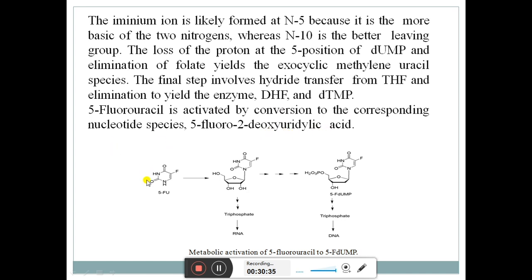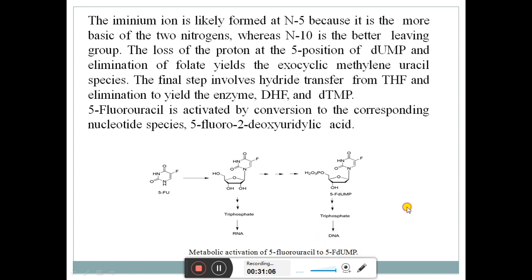So this is the 5-fluorouracil, which is first converted or activated. After that, when it is activated and forms 5-fluoro-2-deoxyuridylic acid, then it forms a triphosphate and it interferes with the DNA.